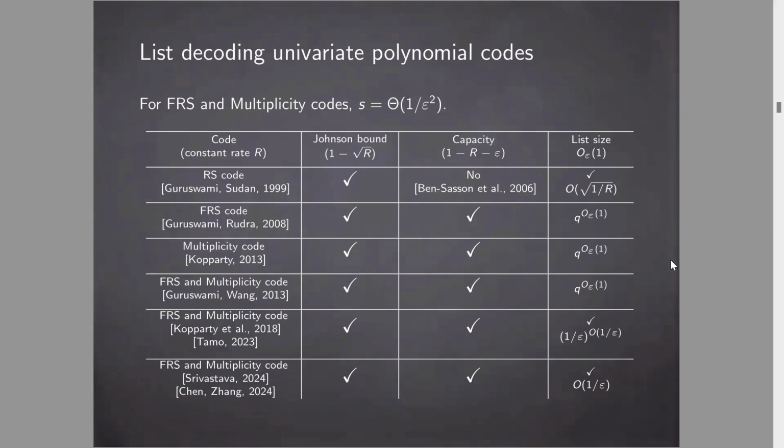Nevertheless, the best algorithm that we know is still the previous algorithm by Guruswami and Rudra for FRS, Kopparty for multiplicity codes, as well as the algorithm by Guruswami and Wang, which is really a linear algebraic algorithm that works for both FRS and multiplicity codes.